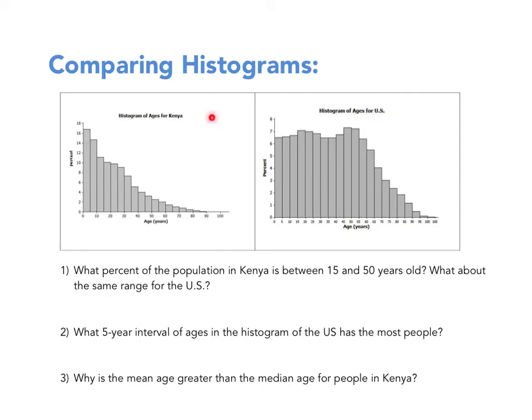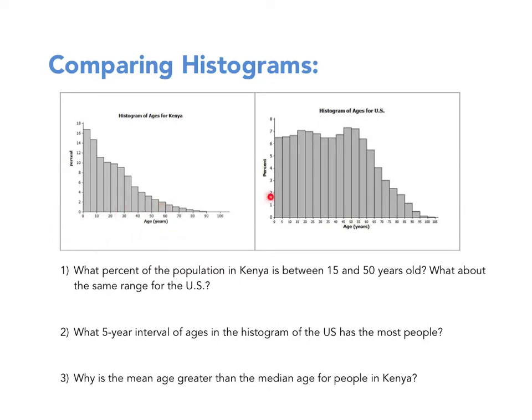So we see that we have two histograms, and one is for the ages for Kenya. We've seen this one before, and also the one for ages of the U.S. It measures percentages on the y-axis, and that's also our dependent variable, and then our independent variable right here is age.